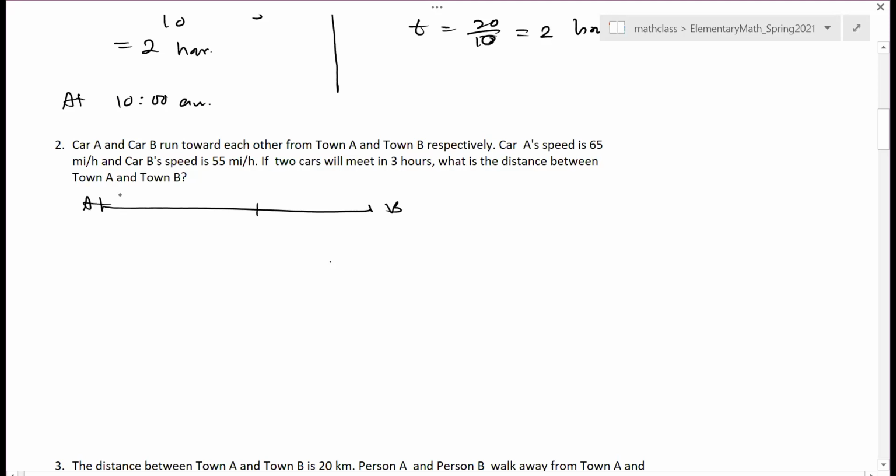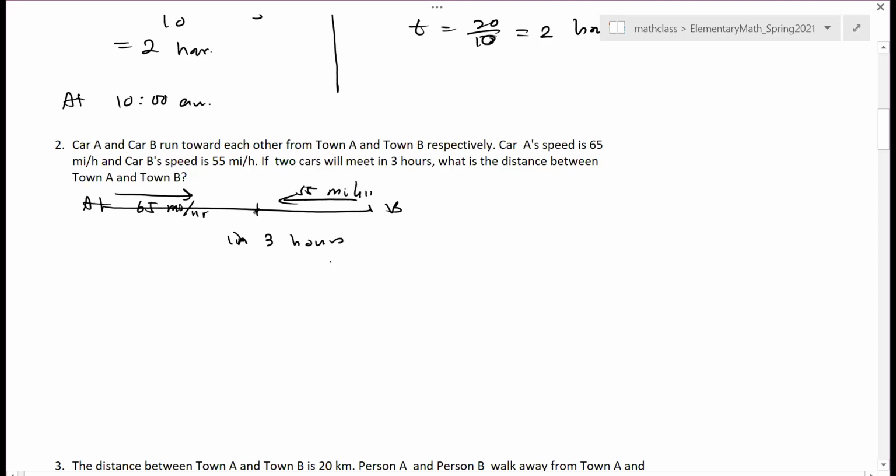Okay. So you don't know the distance between A and B. But we know the speeds, right? 65 miles per hour, and 55 miles per hour. So what is the time? Okay, in 3 hours they meet.